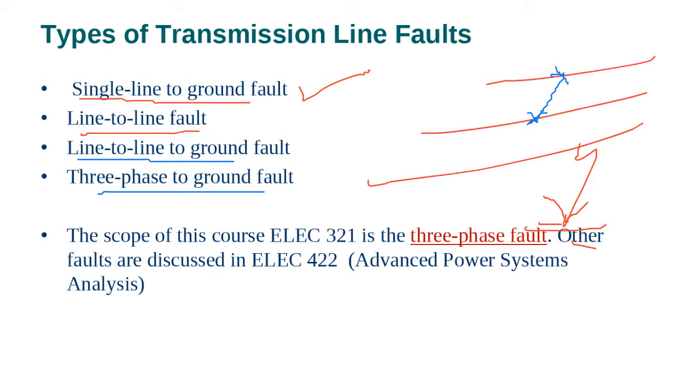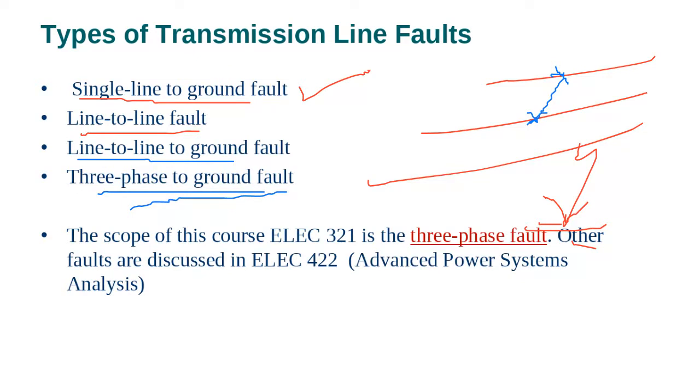Or it happens at the bus, so we consider this three phase to ground fault. Because all three lines are connected to the bus, the bus has all three lines, so we call it three phase.